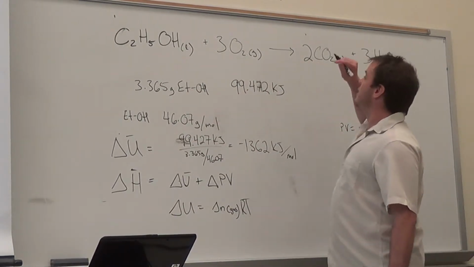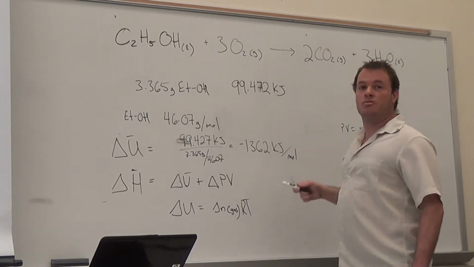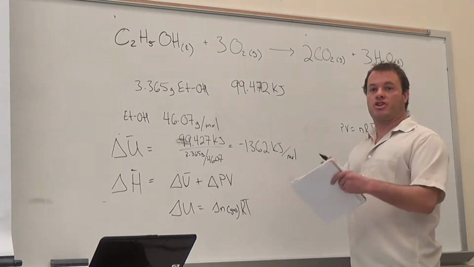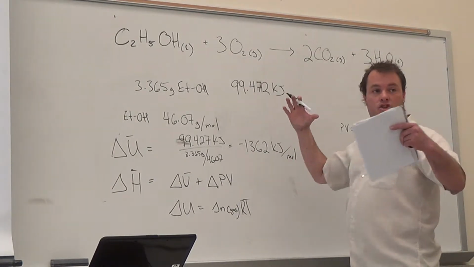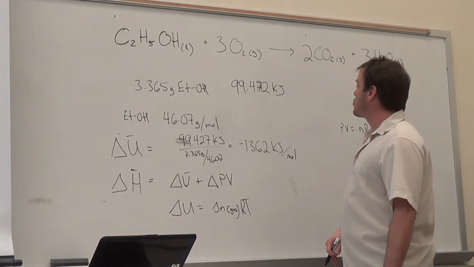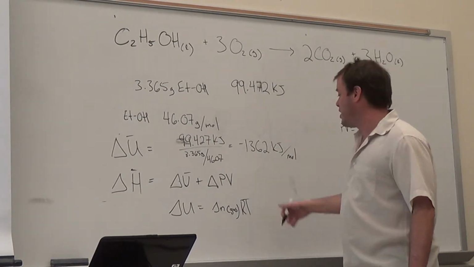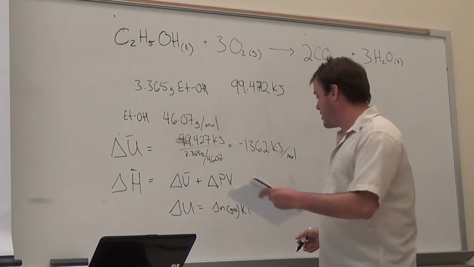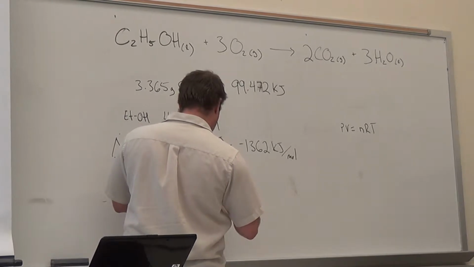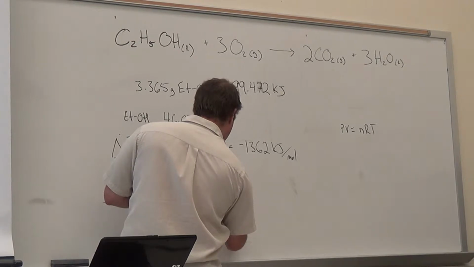We end up going from 3 molecules of gas to 2 molecules of gas. Is that an expansion or a contraction? Contraction. And so what happens in that contraction is that the outside environment actually does work on us. That work gets dumped off into the environment. And so this term, delta n RT, ends up being negative 1 times RT.